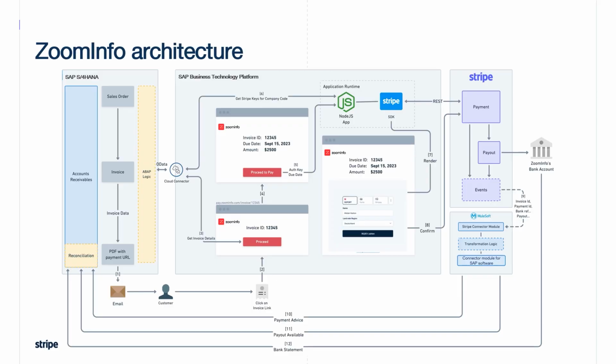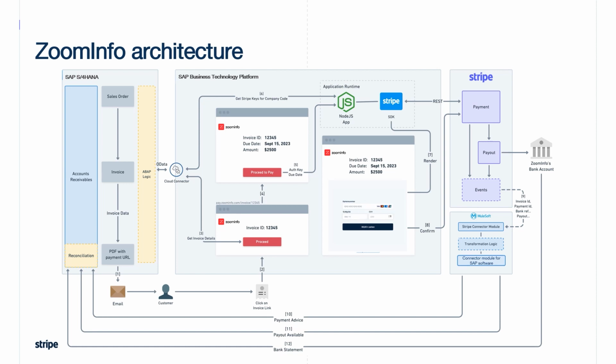Let's talk about ZoomInfo's architecture of integrating S/4HANA 2021 FPS02 with Stripe Payment Service Provider using the SAP Business Technology Platform. What you see on the screen are the three main components or systems involved in this solution.